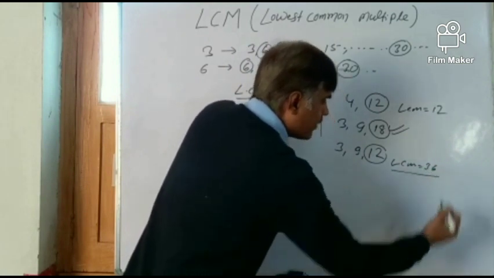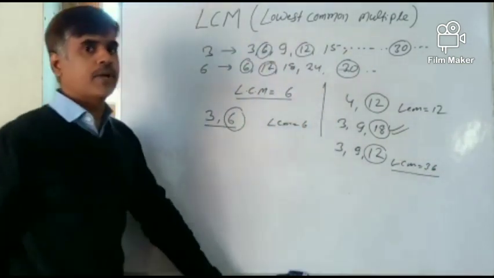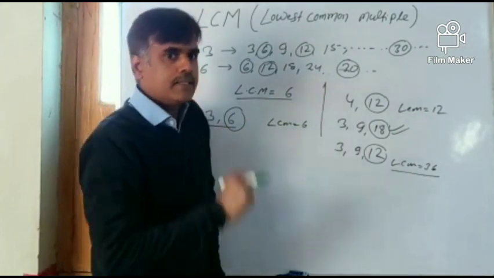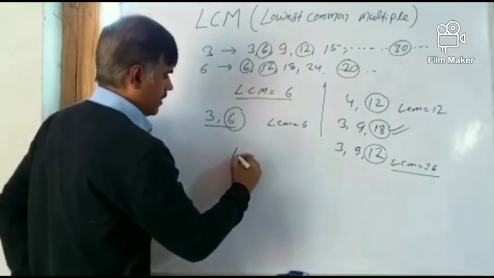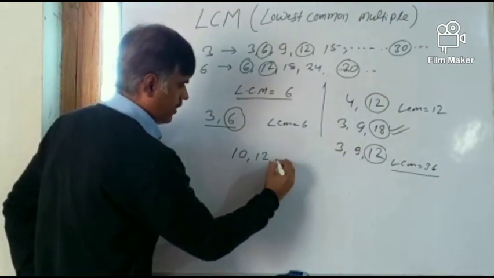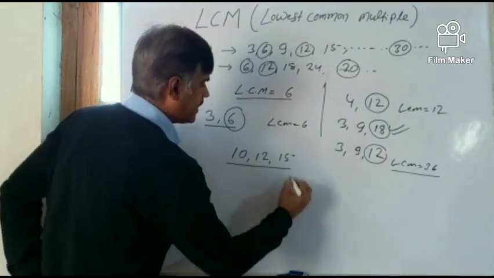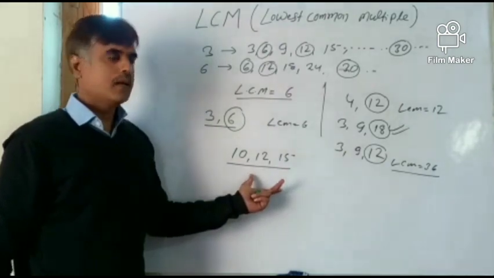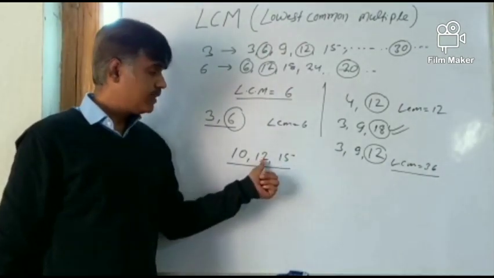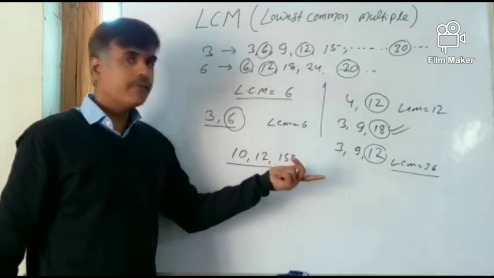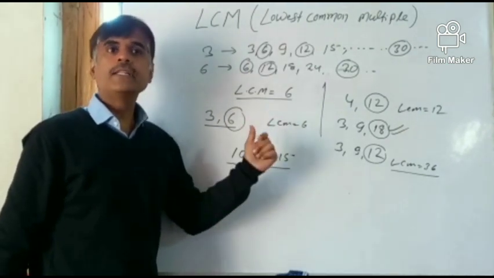Okay, so now you can tell the answer just by seeing the numbers. For example, I write 10, 12 and 15. Find the LCM of these three numbers. Choose the greater number, 15. Is it divisible by these? No. Then we will read the table. 15 2 is 30. 15 3 is 45.